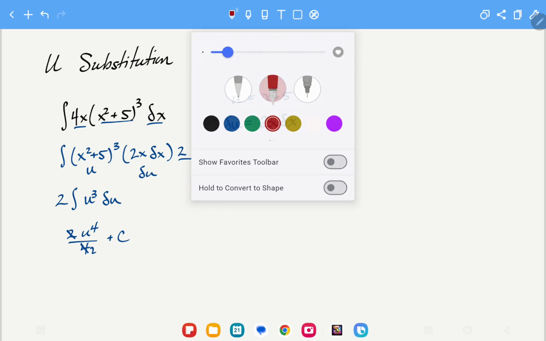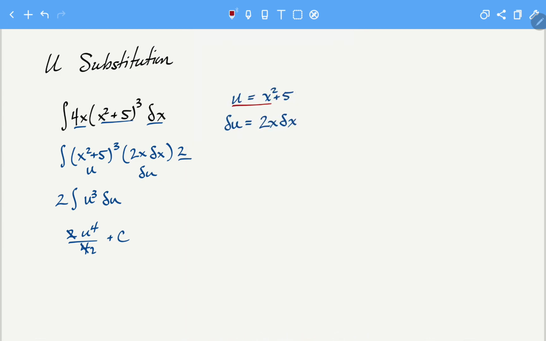I'll take these values and replace them over here. So u to the fourth is (x squared plus 5) to the fourth, divided by 2. Then we'd have our plus c, but again, I don't care about that. All math teachers go yell at me.